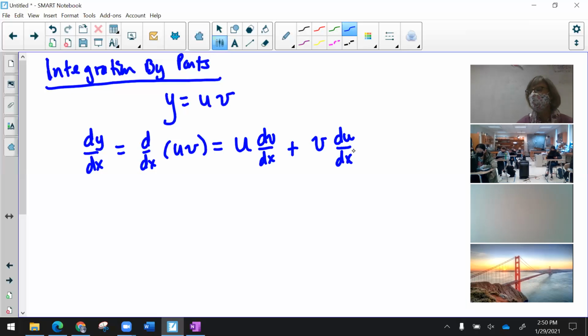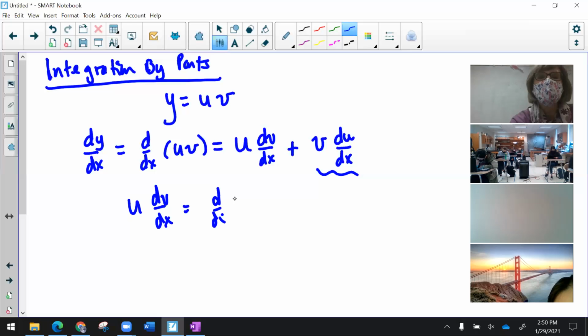I'm going to rearrange this just a little bit. Basically, I'm just going to bring this to the other side and rewrite it. So it's going to be u dv dx is going to be d by dx of uv minus v times du dx.